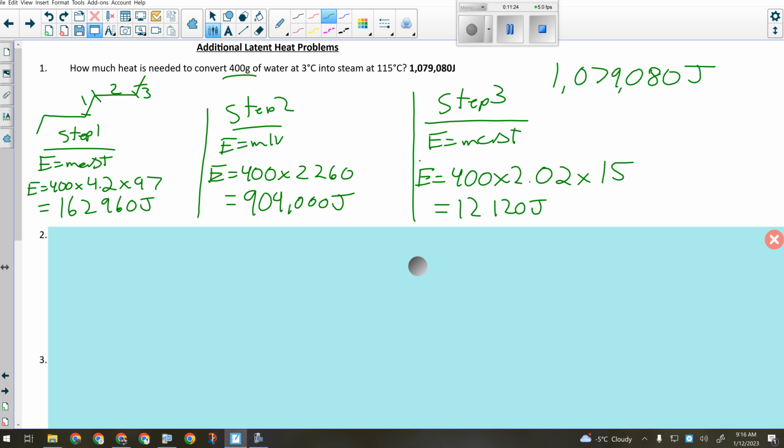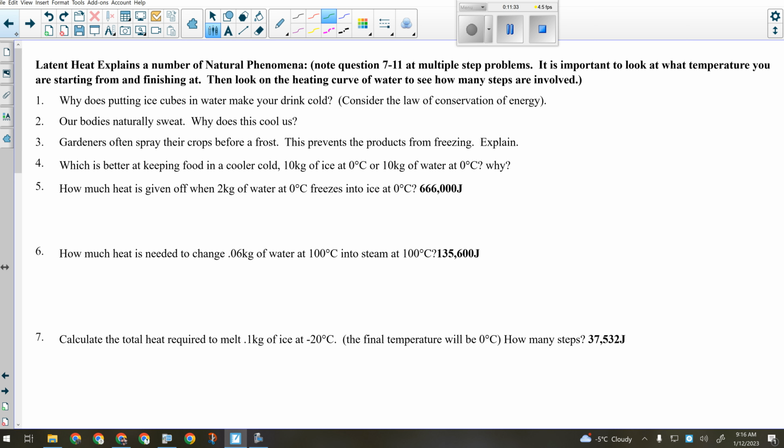All right, what I would like you guys to do right now is work on these questions here, writing down an explanation answer for 1, 2, and 3.